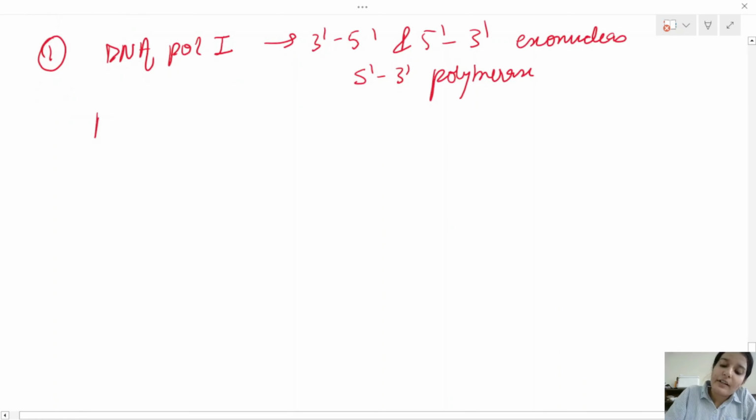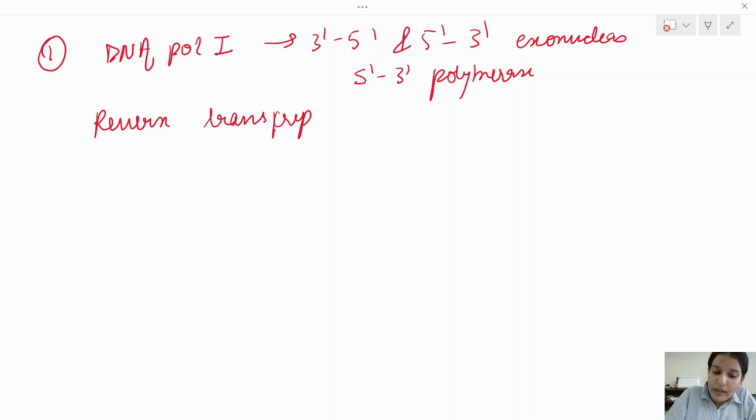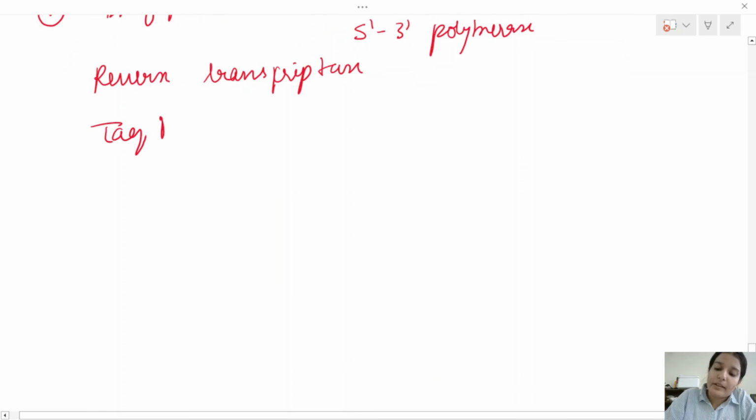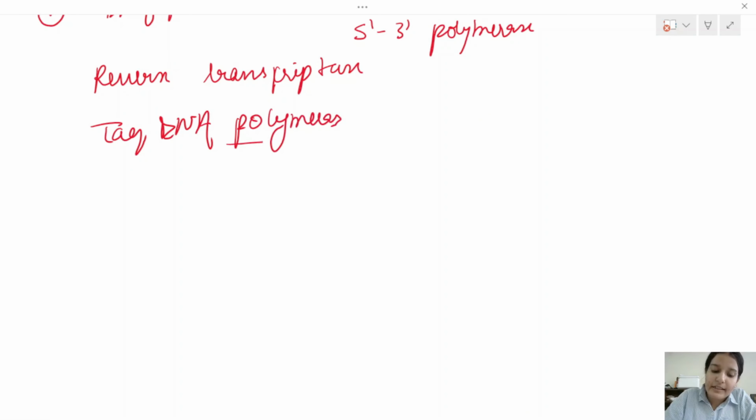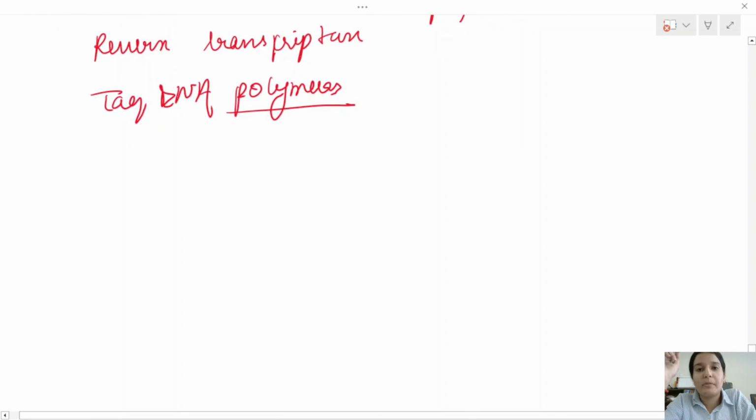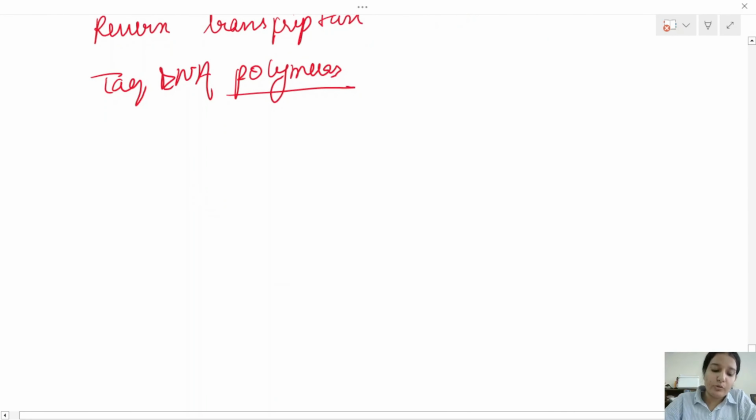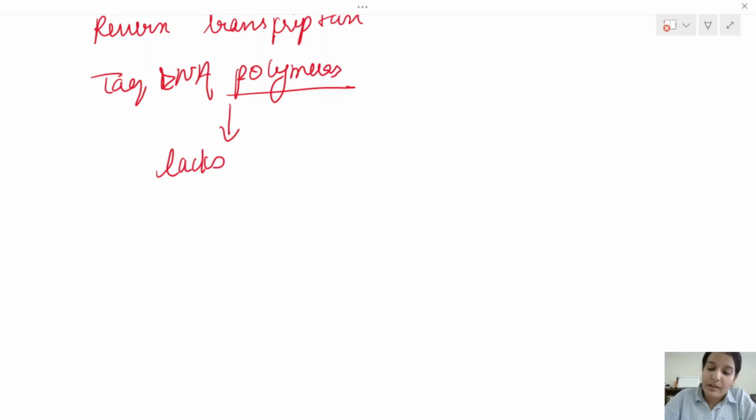The second one is reverse transcriptase, an RNA directed DNA polymerase that synthesizes DNA from RNA. The third one is Taq DNA polymerase. It usually operates at 72 degrees Celsius and is derived from a thermostable bacterium, Thermus aquaticus. It has both 5' to 3' polymerase activity and 5' to 3' exonuclease activity, but it lacks 3' to 5' exonuclease activity.